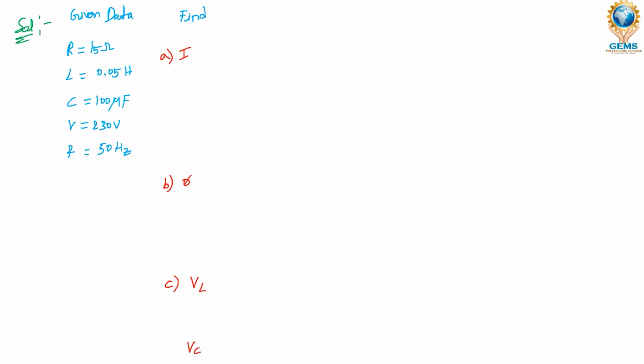We'll go for A. How to calculate current I? I equals V by Z. For calculating Z we have the formula Z equals square root of R square plus XL minus XC whole square.